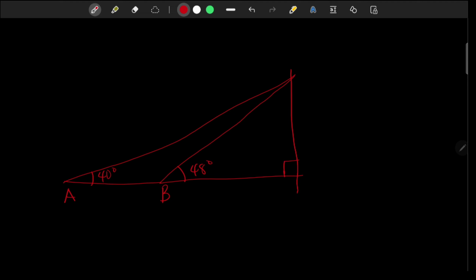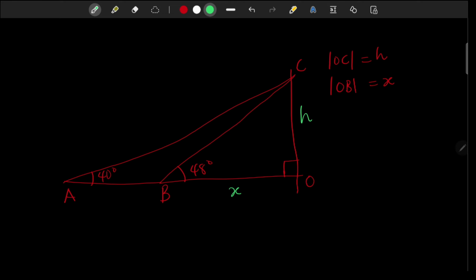So to finish off, I'm going to write this as H and this as X. So this will be C and this will be O. So OC is H and OB is X. So we've done the first part of the question, which is to illustrate in a diagram. Now we need to solve for these places.